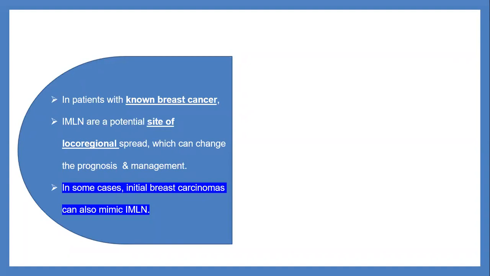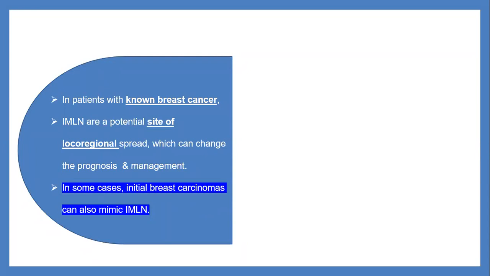We said that in a patient known to have breast cancer, the intramammary lymph node is a potential site for locoregional spread, and it can change the prognosis and management of the patient. So, as described for that lymph node, since the patient has breast cancer, she has to consider this intramammary lymph node and evaluate it well to exclude metastatic disease.